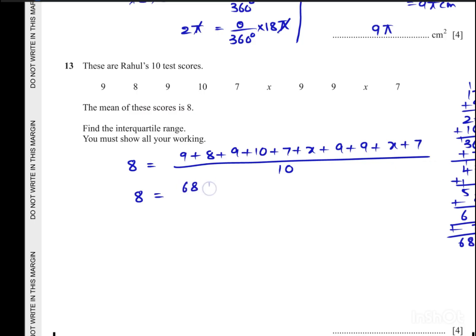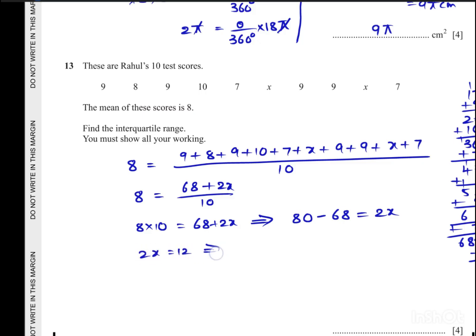So 68 plus 2x, since x plus x is 2x, over 10. Bringing 10 to the left hand side, 8 into 10 becomes 80, and 68 gets subtracted, with 2x on the right hand side. 80 minus 68 is 12. So 2x is 12, which means x is 12 divided by 2, that is 6.